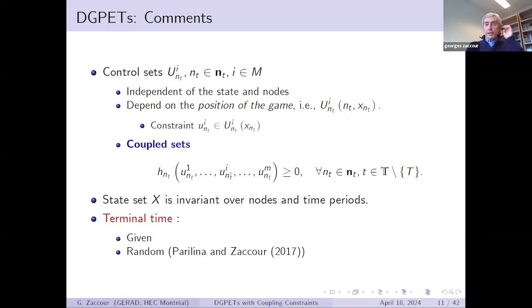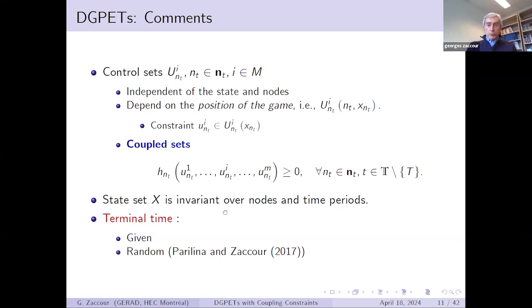Meaning here that when a player is choosing his or her control, he or she must take into account the fact that by doing this or that, this condition or constraint may be violated, and something has to be coordinated here.